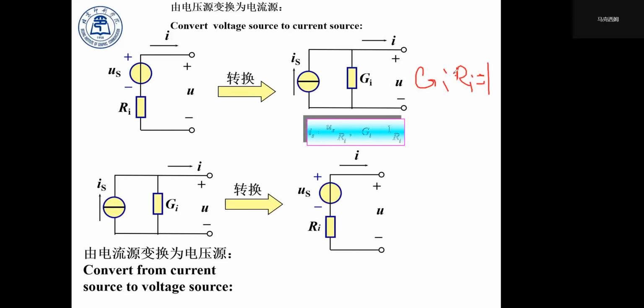GI times RI equals 1. And IS equals US over RI, and US equals IS over GI.